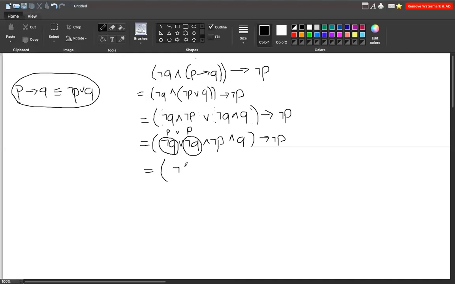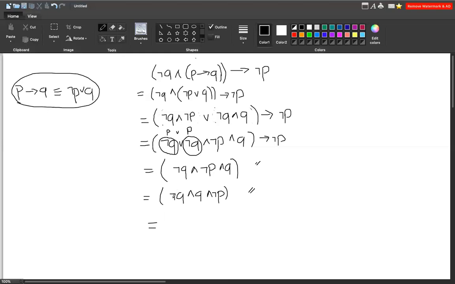So negation of Q, or negation of P and Q. So here again, negation of P, and we have Q here: negation of Q and Q and negation of P, and the rest follows.